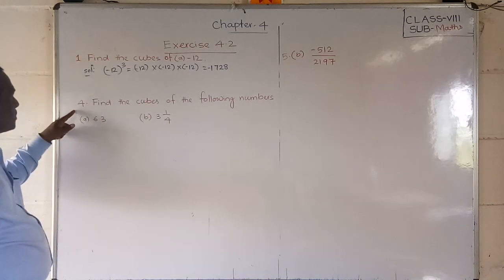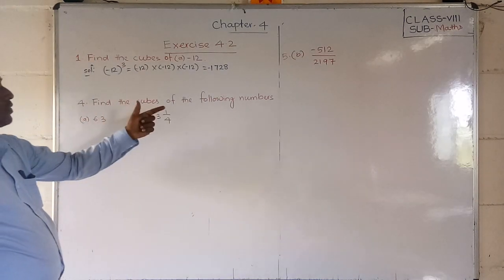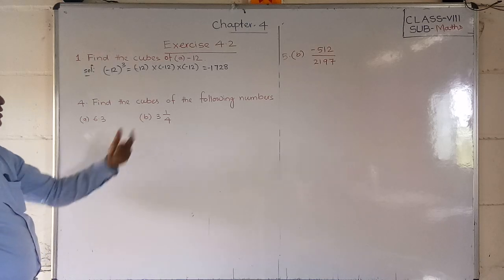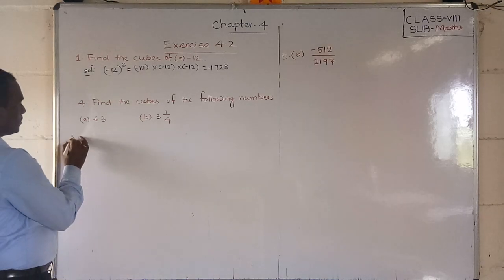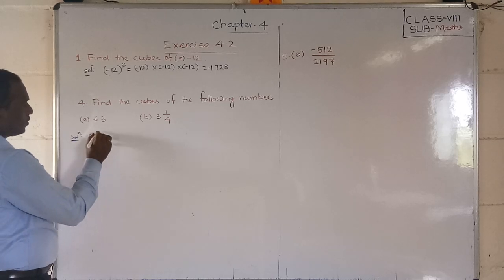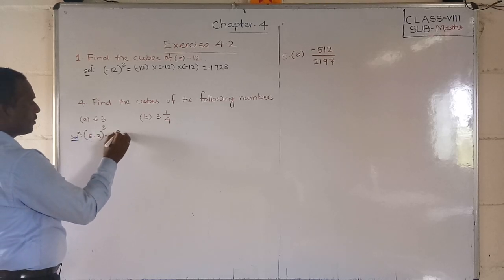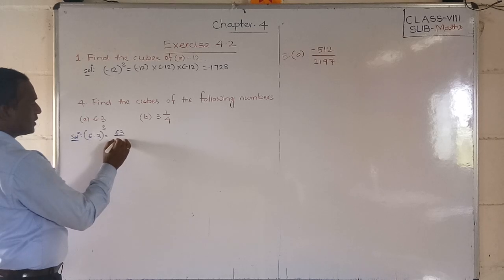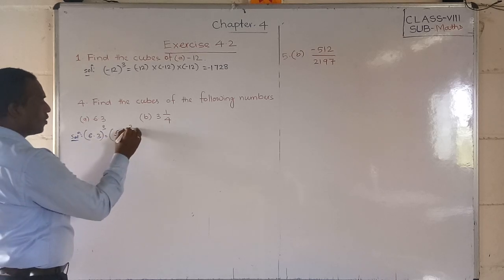Second, students, fourth bit: find the cubes of the following numbers. How can we find the cube? Solution: first, 6.3 cubed. If we write this as a fraction, it is 63 by 10 whole cube.